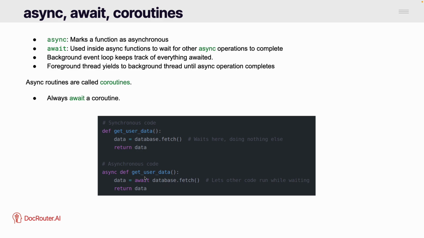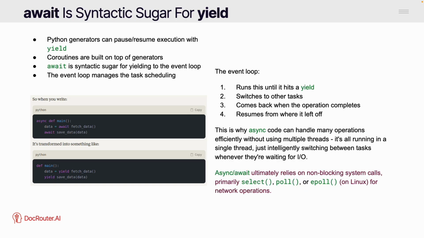A coroutine is basically, getUserData is a coroutine. A coroutine is a function that is an async function. That's what it is. So I was a bit interested to see what's happening behind the scenes with this await. And it turns out it's just syntactic sugar for yield. Yield is another Python primitive.